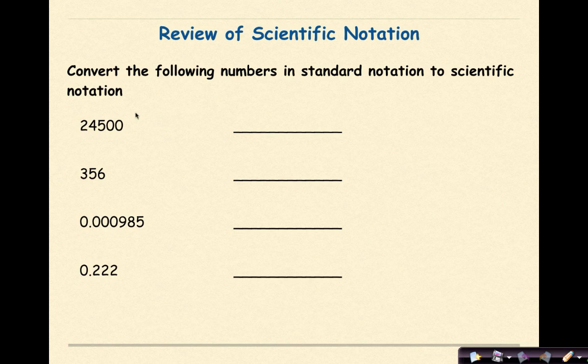Now remember, the general format for scientific notation is that you are going to have a number in the ones position, you are going to have a decimal, and then typically 2 spots after the decimal, but that is really going to depend on the number of significant figures you have in your number. And then I like to do the times 10 to the, and then your exponent up here.